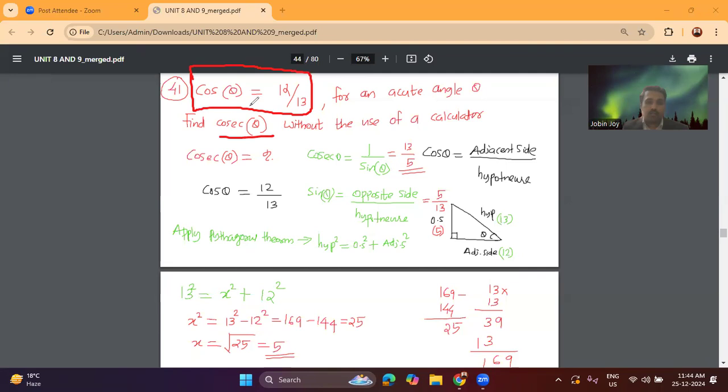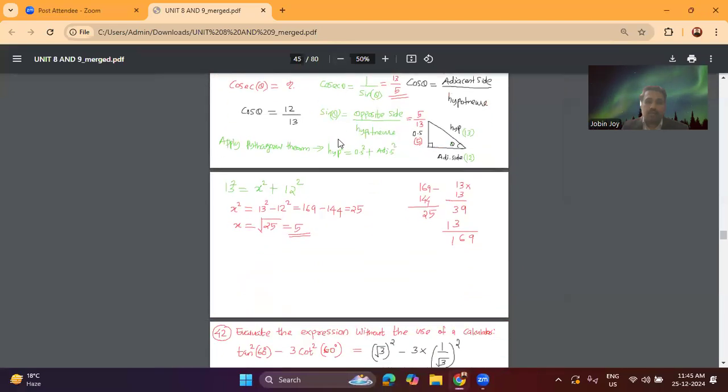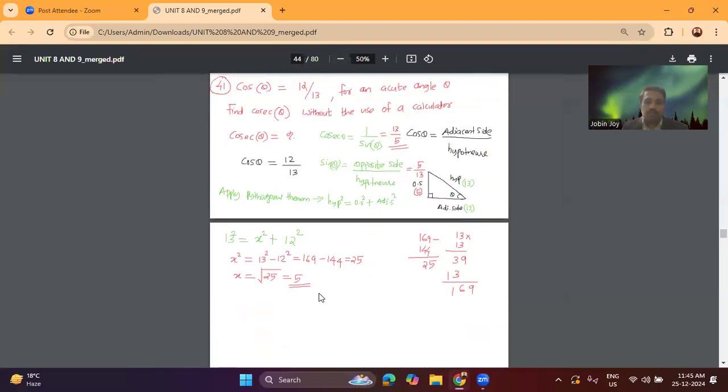Cos theta is equal to adjacent side divided by hypotenuse, so the adjacent side is 12 and the hypotenuse is 13. I will apply the Pythagoras theorem to find the opposite side, and I get opposite side 5.